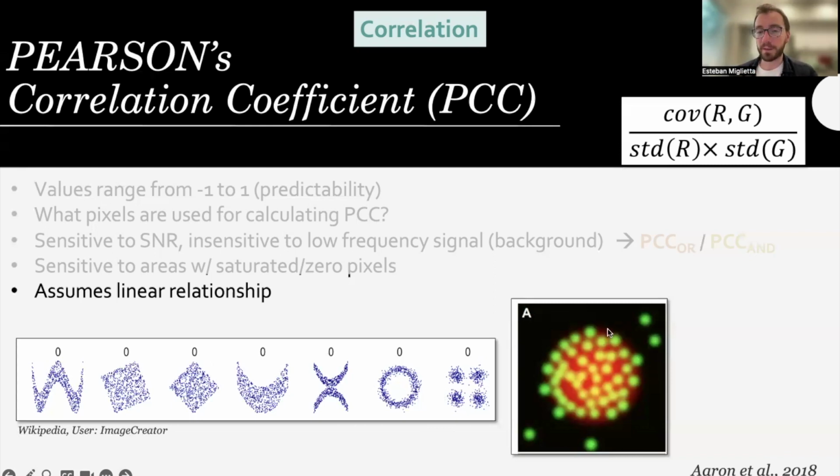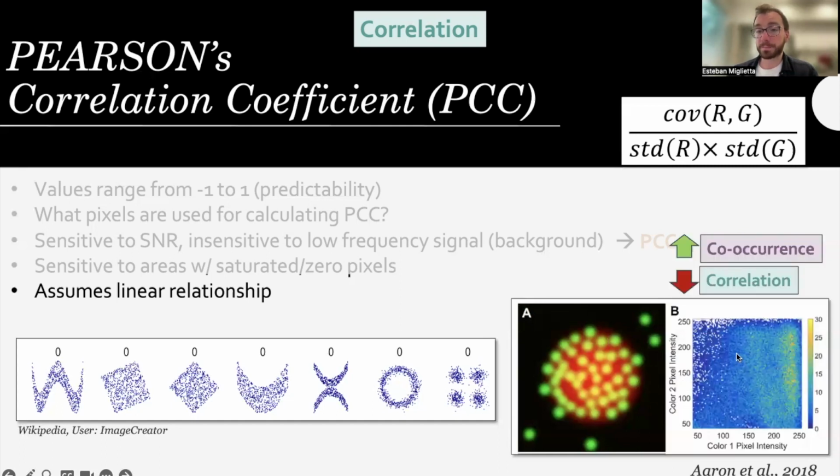Here, for example, we have this red blob with a lot of green little blobs inside it, which you would guess should have a relatively high value for colocalization, because most of the green signal is within the red signal. However, that is actually just measuring the co-occurrence. The actual correlation, so whether the intensities of red and green vary together, it's all over the place, because here, again, red is brighter in the center and dimmer at the outside.